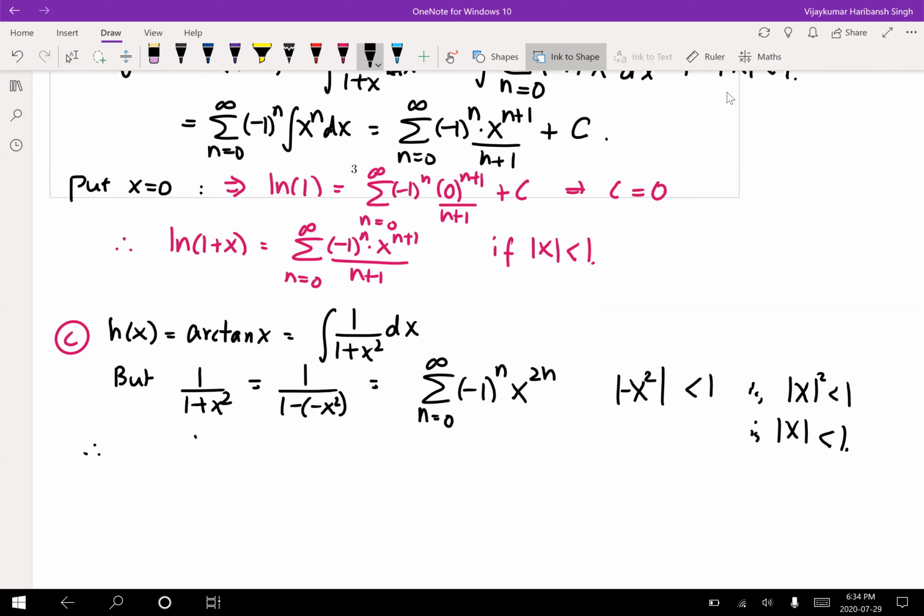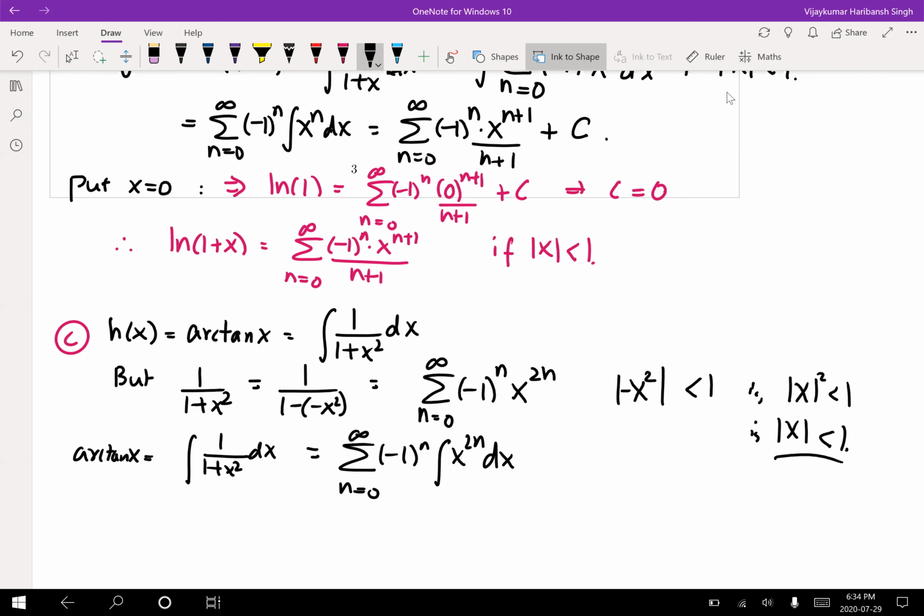So therefore, we get arctan of x equals the integral of 1 upon 1 plus x squared dx, which is going to be summation n equals 0 to infinity minus 1 to the power n integral of x to the power 2n dx. Now note that I brought the integral directly inside, and this is valid only in this scenario. What scenario? Absolute value of x is less than 1.